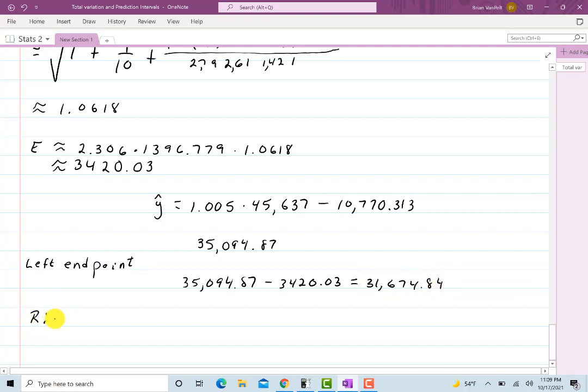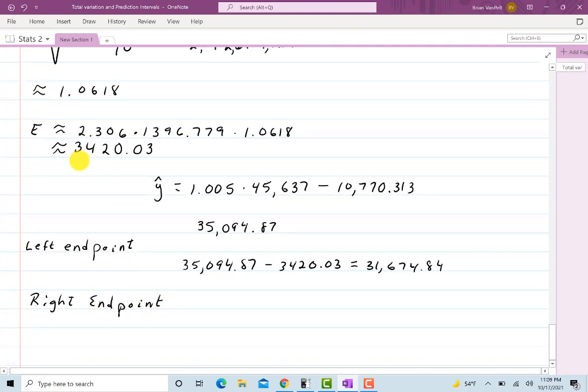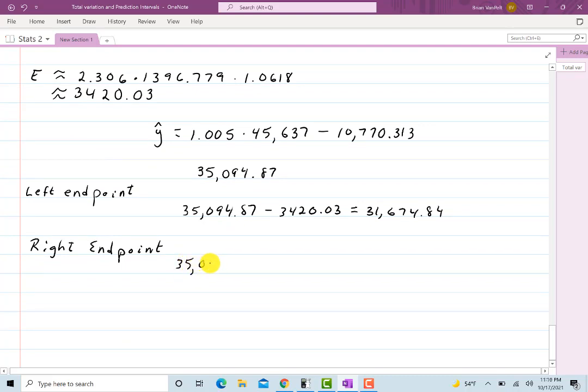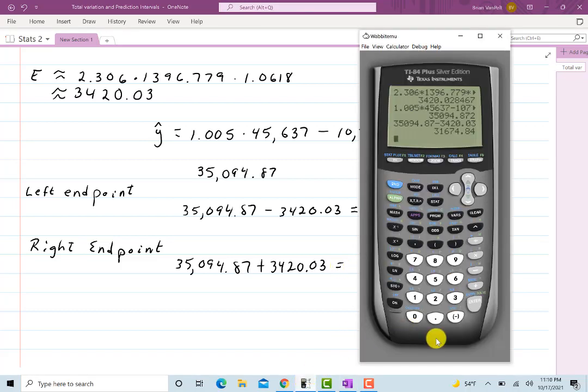And then the right endpoint, this time we're going to do 35,094.87 plus that same number, which is $38,514.90.